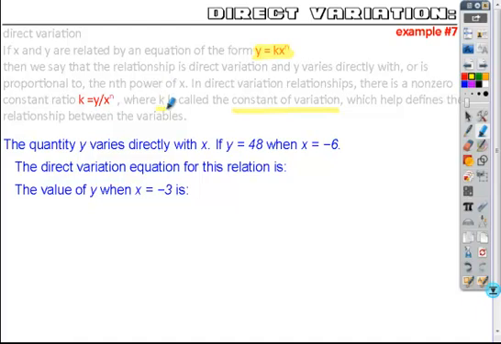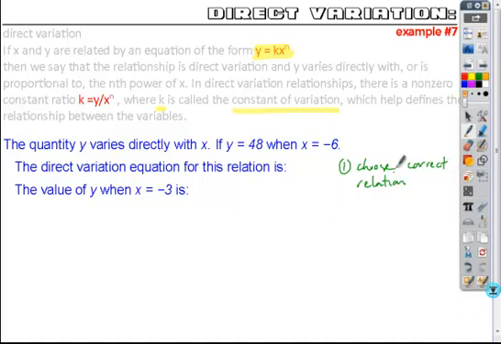In order to solve for k and work through all the variation problems, you're going to choose the correct relationship.